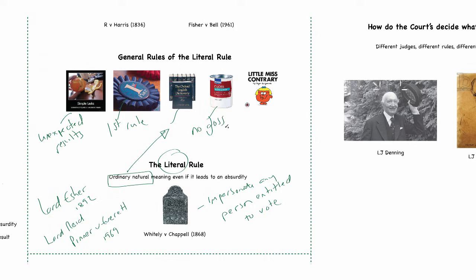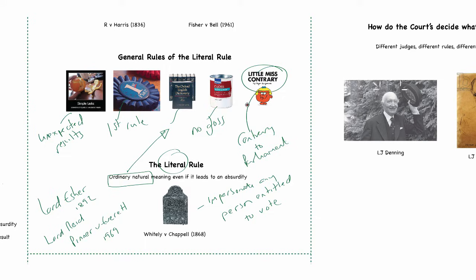So it should be applied without the judge seeking to put a gloss on the words or to seek to make sense of the statute. This is straightforward. This is what it says. This is how I'm interpreting it. And that might mean that the case appears to be contrary to the rules of Parliament. Not always, but frequently the decision that's made could be contrary to the rules of Parliament, as we've seen in Whiteley versus Chappell.